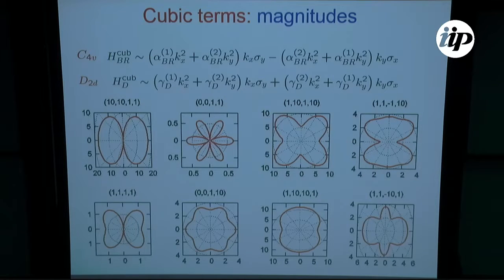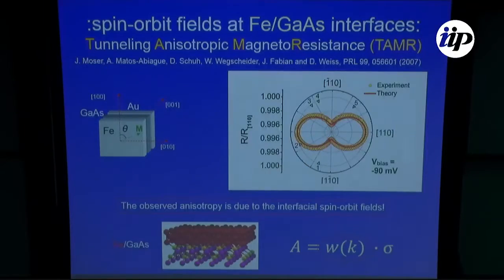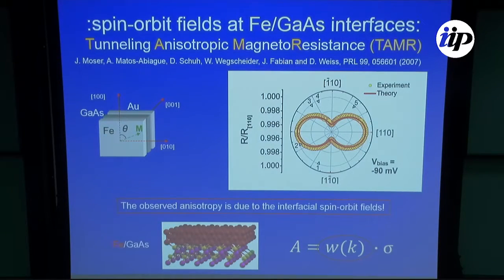And then if we have those two, spin orbit coupling can have very different patterns. And that's just cubic. Then you can go to the fifth order, whatever. Seventh, eleventh, that doesn't make sense, right? So at some point one has to stop. So how do these fields actually look in a material system?